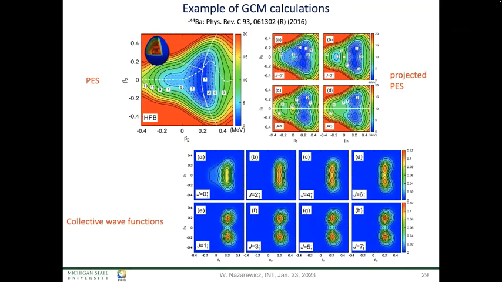Okay, so these are actually calculations which involve the Madrid group, right? This is an example of GCM calculations for barium-144. Barium-144 is a nucleus which is expected to have those octupole effects, okay?